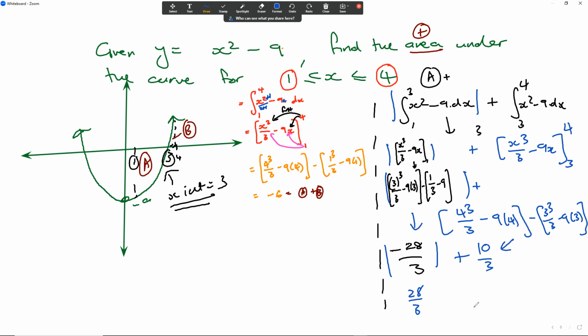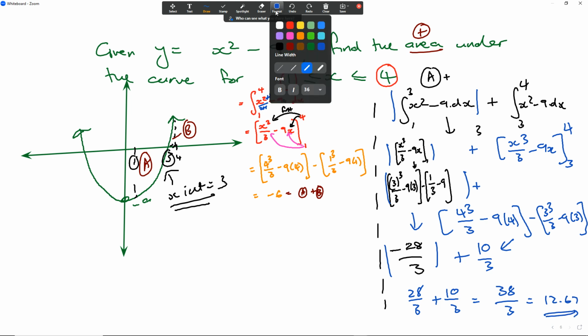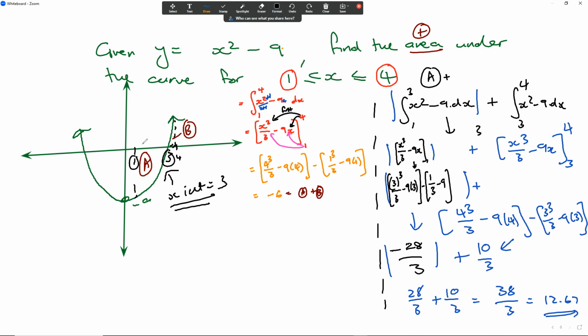So the area A here is 28 over 3, and area B here is 10 over 3 for that. And then we add it up, and we're done. All right.